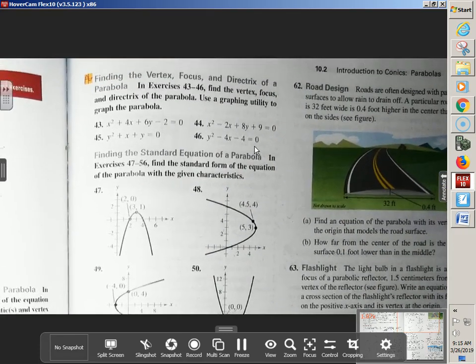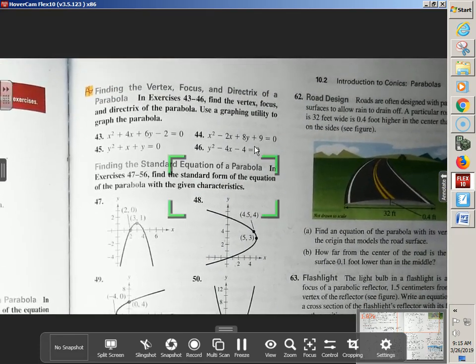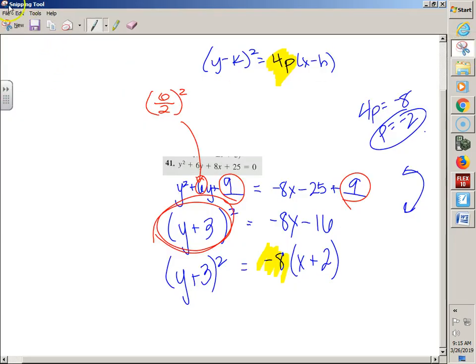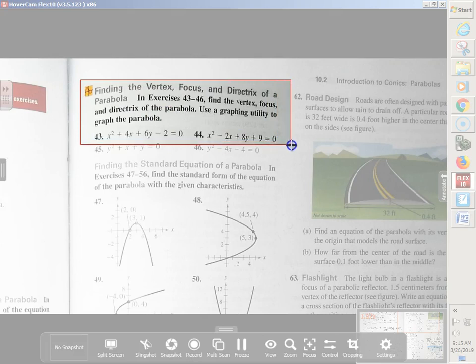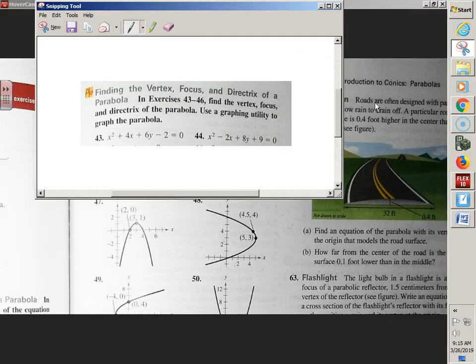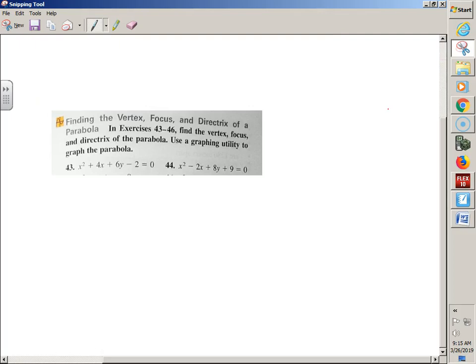Find the vertex, focus, and directrix. Use a graphing utility to graph. Actually, on 43, I think you're only supposed to use the grapher at the end. You did the vertex, and it was just the graphing part?